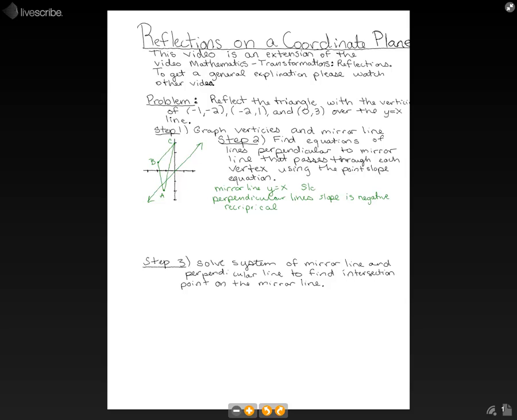So our slope of our mirror line is just 1. So our slope of our perpendicular line is going to be -1.